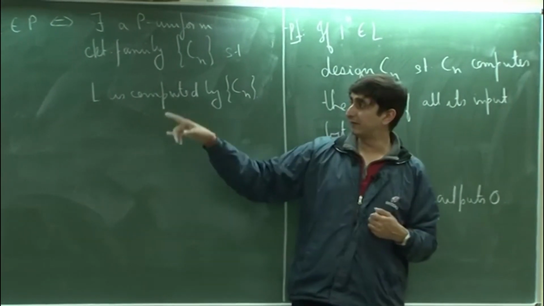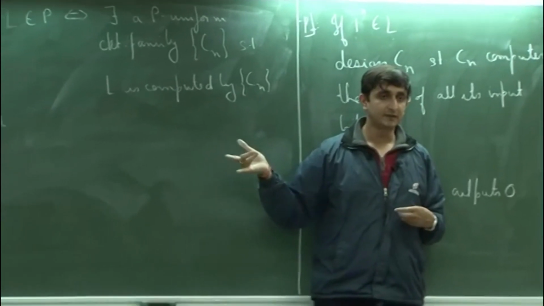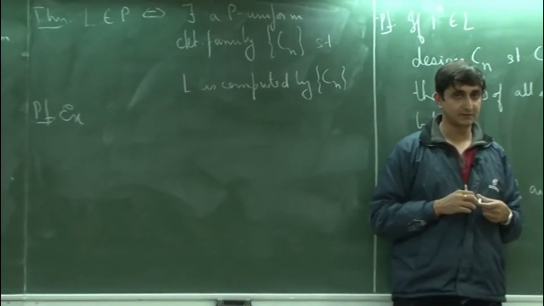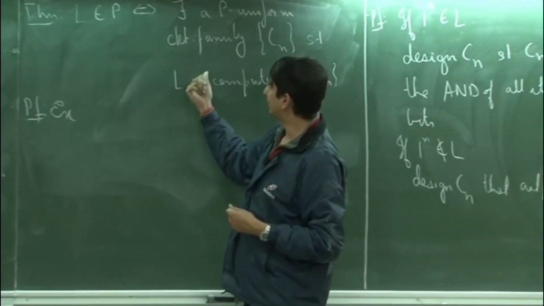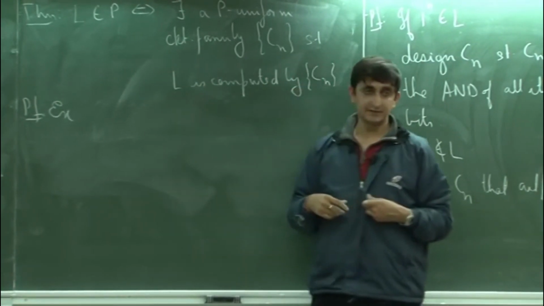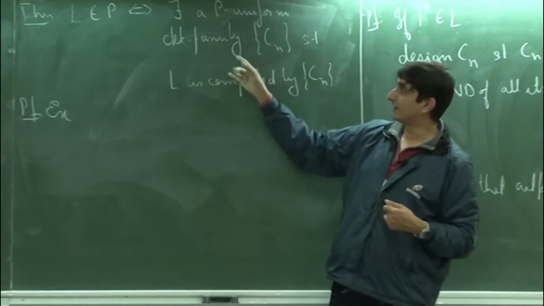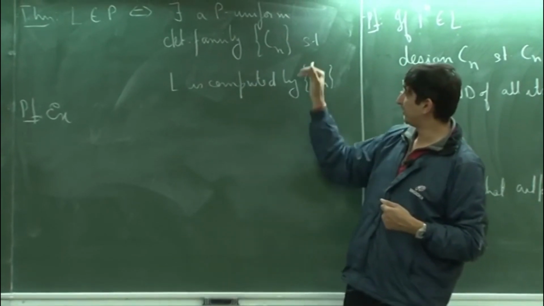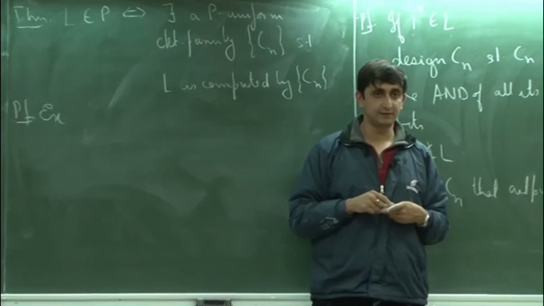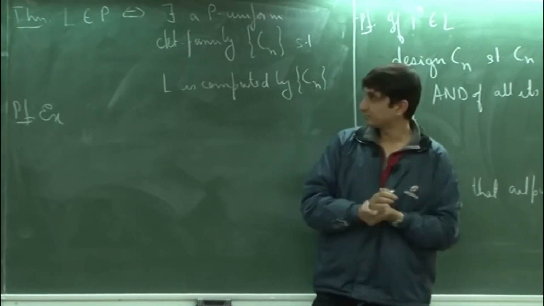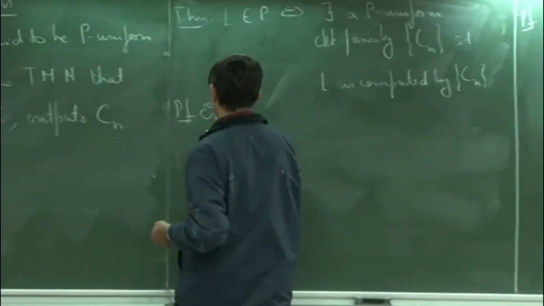The circuit that we computed for that language is a polynomial time construction. That is the proof of the forward direction. For the reverse direction, it is just taking an input, constructing that particular Cn, and simulating that input on C of n. I will leave this as an exercise.